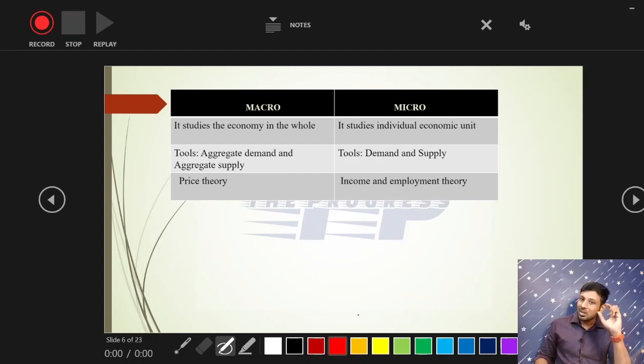Consider the written part of the civil services examination, there is your prelims and then your mains. In the prelims, suppose 20 questions are asked from economics. Hardly one or two questions will come from the micro and the rest of the 18 questions will be from macroeconomics only.